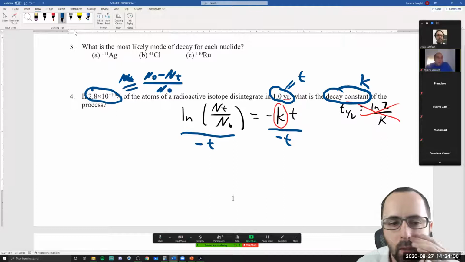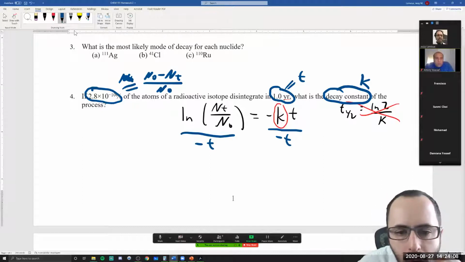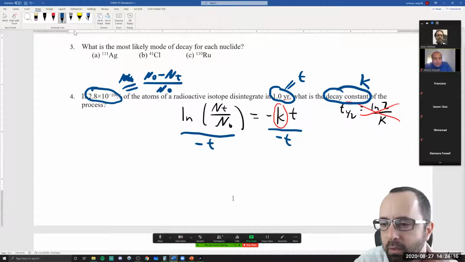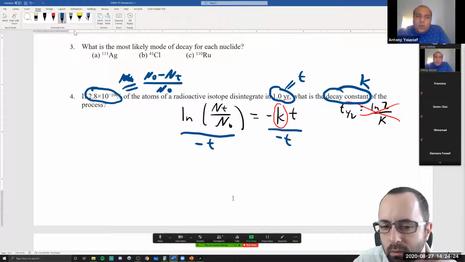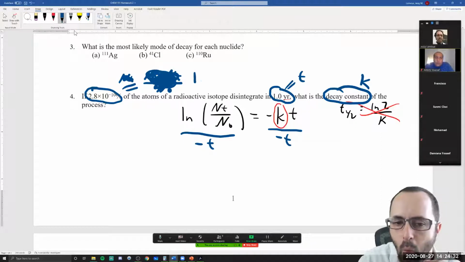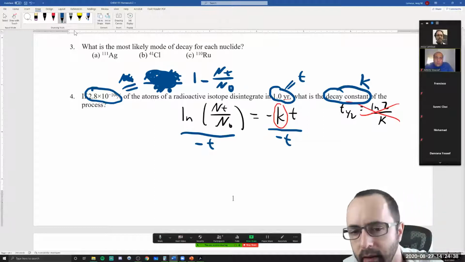It's the amount you lost, which is the amount that you started with minus the amount that you have after a certain time has passed. Basically an easier way to say this is 1 minus NT over N0. That's the easier way to say it.